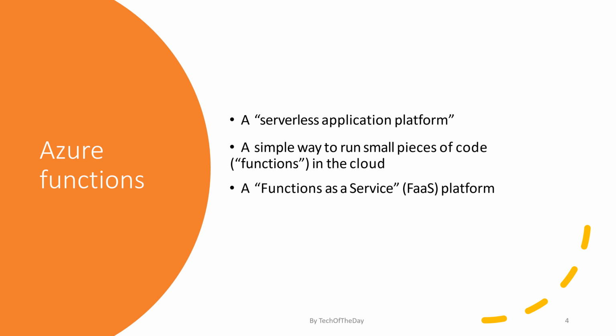Let's start by quickly introducing Azure Functions. Azure Functions is a serverless application platform which provides a simple way to run a small piece of code or functions in the cloud. You might hear it referred to as a function as a service platform.